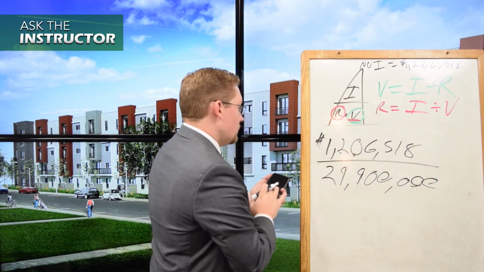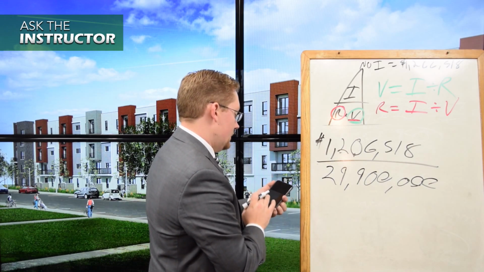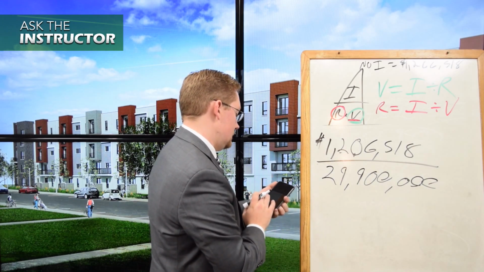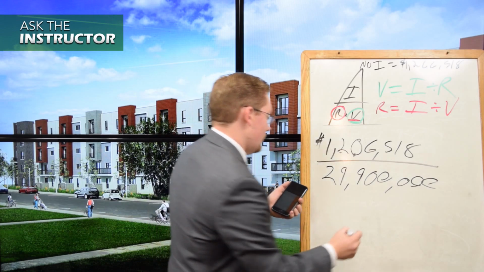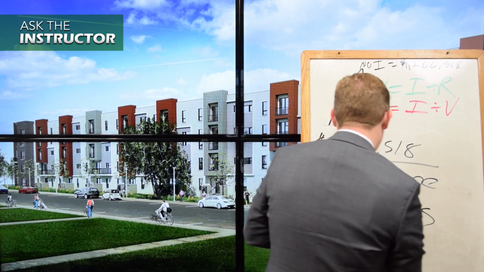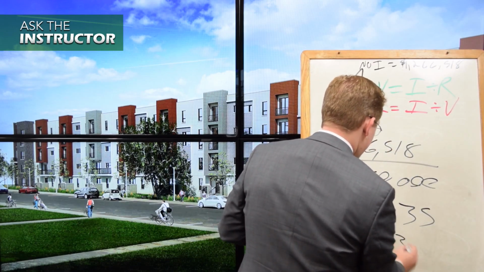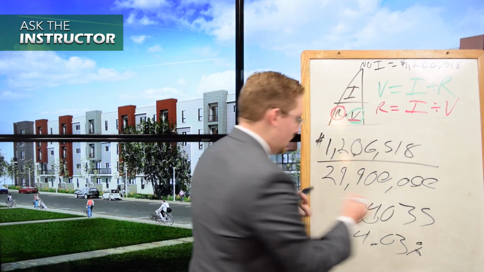So taking $1,206,518, dividing that out by $29,900. That's going to give us 0.04035. So that's somewhat reassuring. Why is that reassuring?